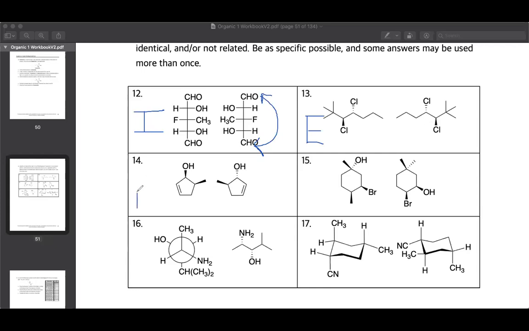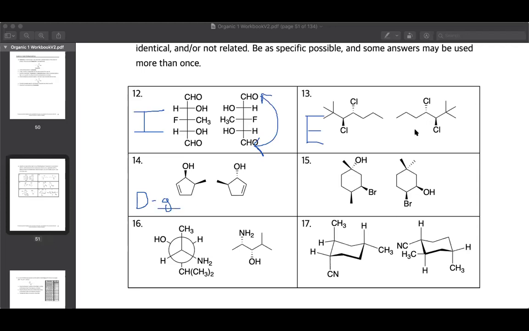It's not wrong to say diastereomer, as long as you also mention that they're geometric. They're geometric because these two substituents differ on the face of the ring. They're both cis in this orientation, and both trans in this orientation. If it says to be as specific as possible, you have to mention geometric.